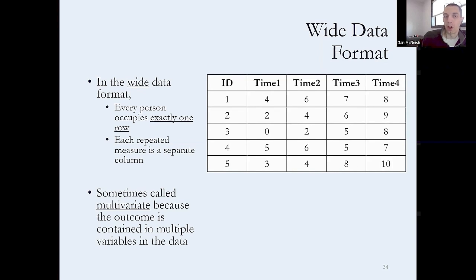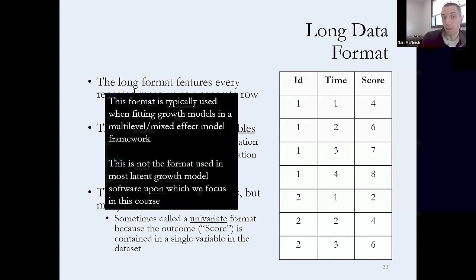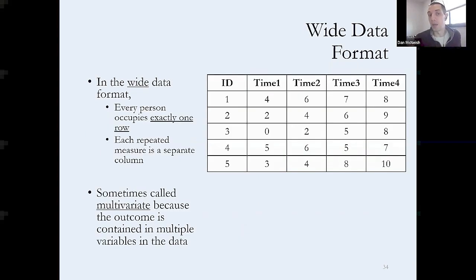Whereas on the previous slide, person 1's data was 4, 6, 7, and 8, but it appeared in different rows, now I see those same values, 4, 6, 7, and 8, but they appear in different columns. So I'm going horizontally across the data set rather than vertically, which again is the origin of calling this data the wide format.